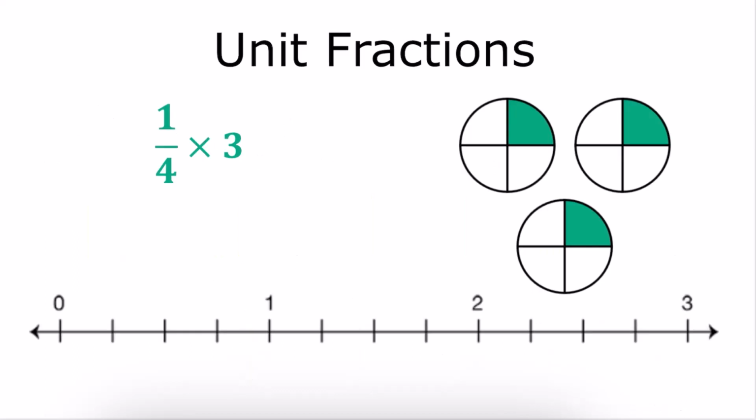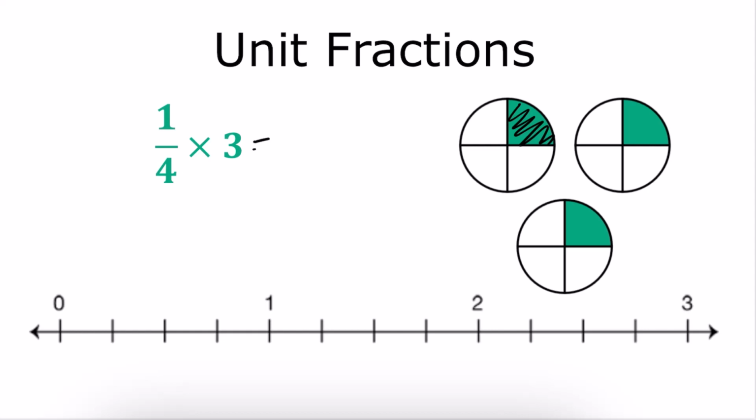And another way that you can help your students visualize the process of multiplying fractions by whole numbers is either with area models or with number line models. So if you had 1/4 times 3, if you were to use an area model, you would visualize this as 1/4. And then when you multiply it by 3, you're making 3 copies of it.